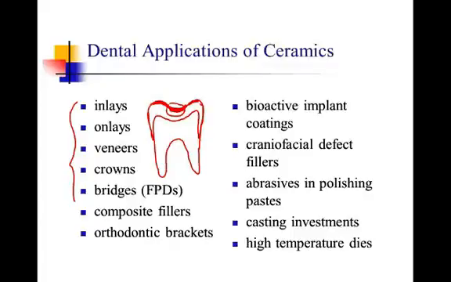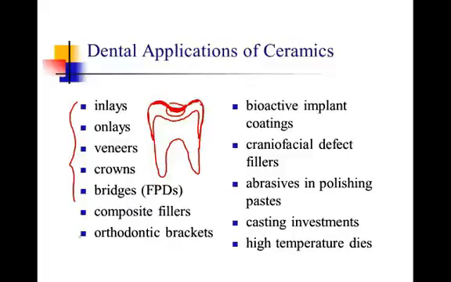However, the polymer doesn't have enough stiffness and dimensional stability to be used by itself, and ceramic powder is used to fill that polymer and to make it stronger and keep its shape better. And actually, by volume, the dental composites contain more ceramic than they contain polymers. So that's an important component.